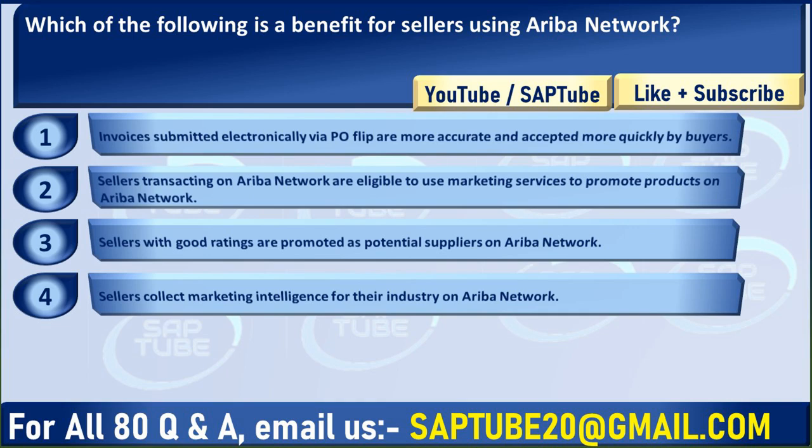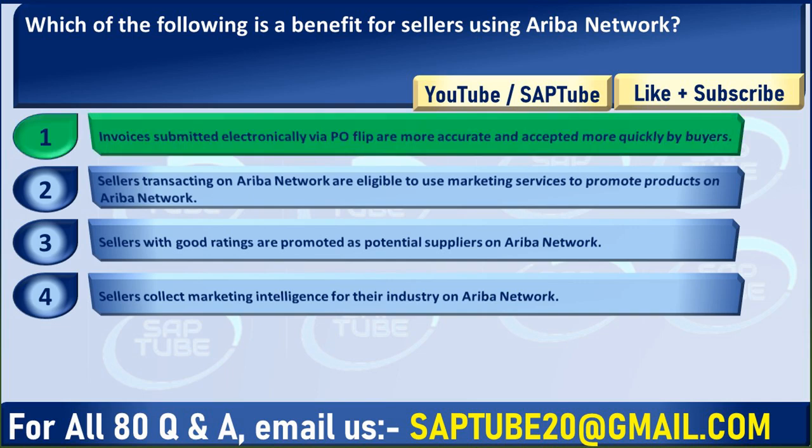Sellers with good ratings are promoted as potential suppliers on Ariba Network. Sellers collect marketing intelligence for their industry on Ariba Network. Correct answer is: invoices submitted electronically via PO Flip are more accurate and accepted more quickly by buyers.